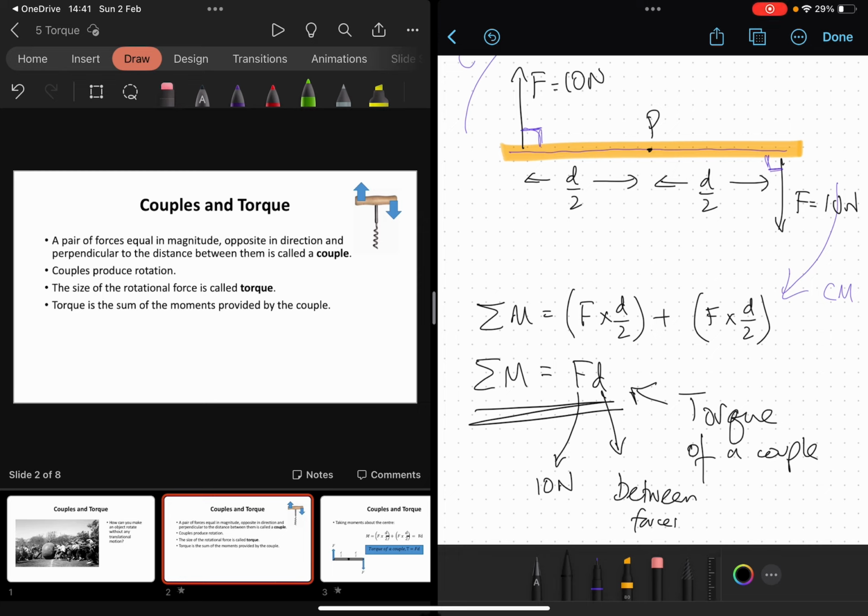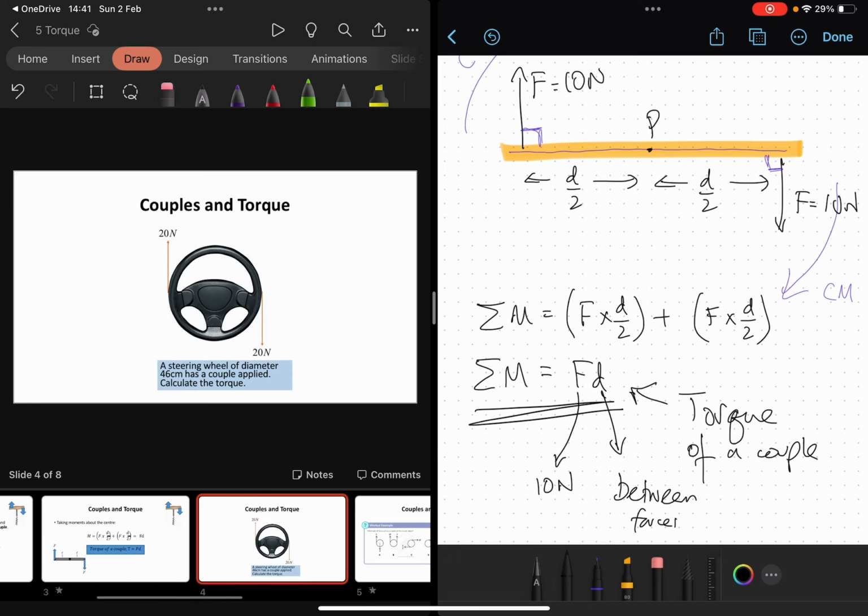We have that couple, and therefore we're going to get a rotational force, and the size of that rotational force is what we mean by torque. So, straightforward calculation. You're simply going to multiply the 20 newtons by the distance between them, which is 46 centimetres or 0.46 metres. Okay, that would be a very straightforward calculation to do.